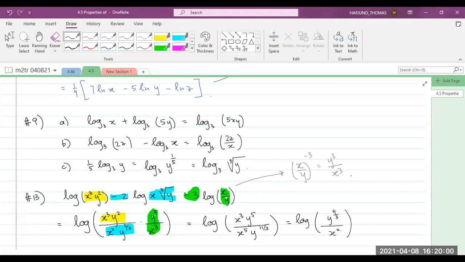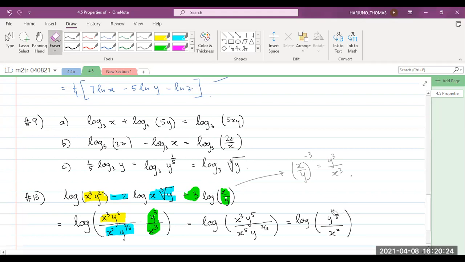Give me a second. Did I make a mistake somewhere? My bad. At the bottom here, this is not correct. How did I get that? Not 11/3, that's 2/3. So 15 minus 2, 13.